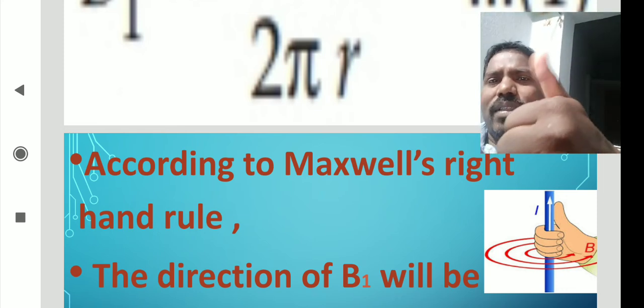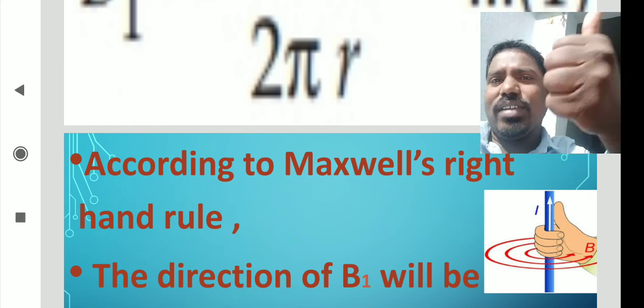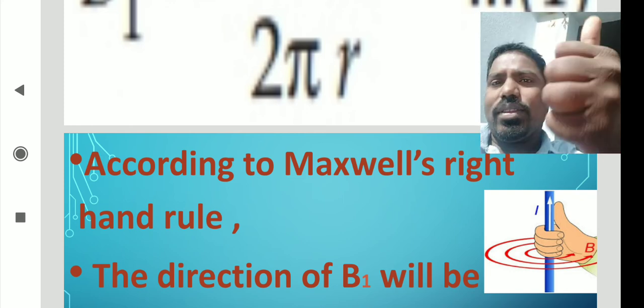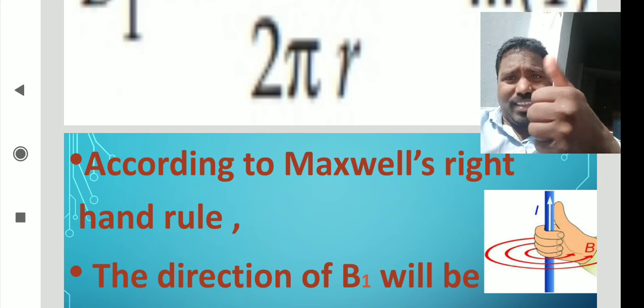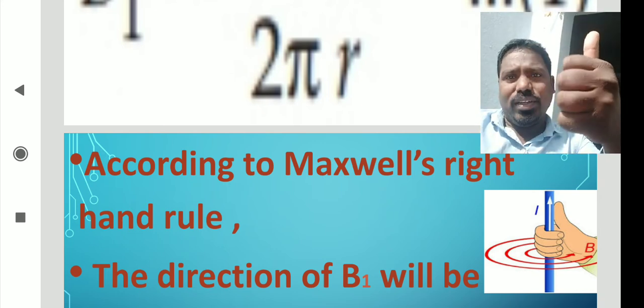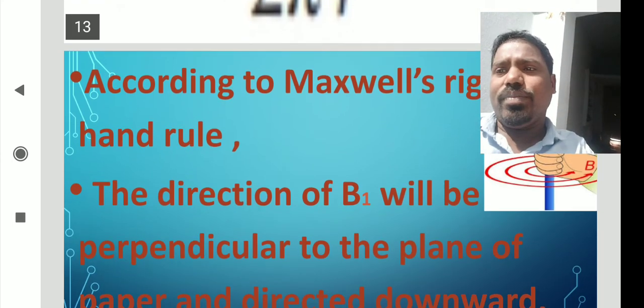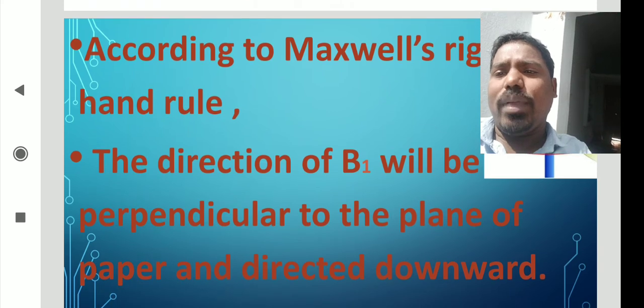The thumb indicates the flow of current, and the curled fingers indicate the magnetic field. So according to Maxwell's right hand rule, the direction of B1 will be perpendicular to the plane of the paper, directed downwards.